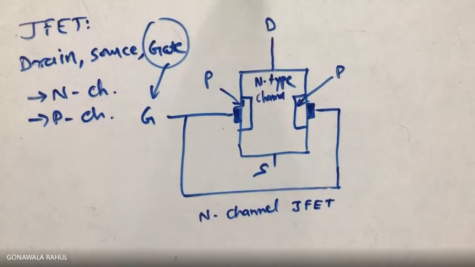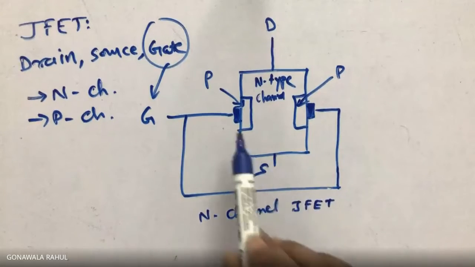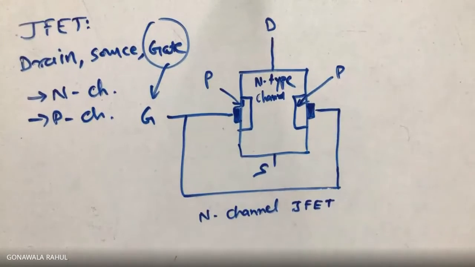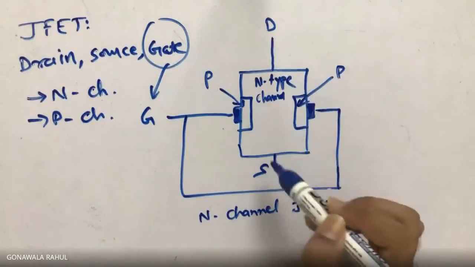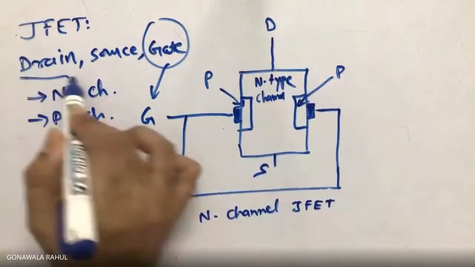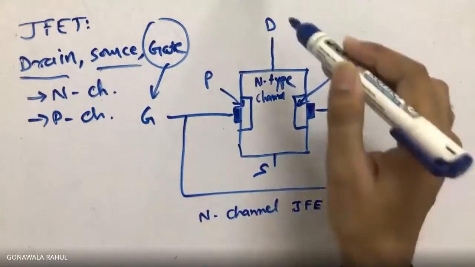So this terminal is known as the gate. The electrical connections, that is ohmic contacts, are made to both ends of the N-type semiconductor and taken out in the form of terminals known as drain and source.